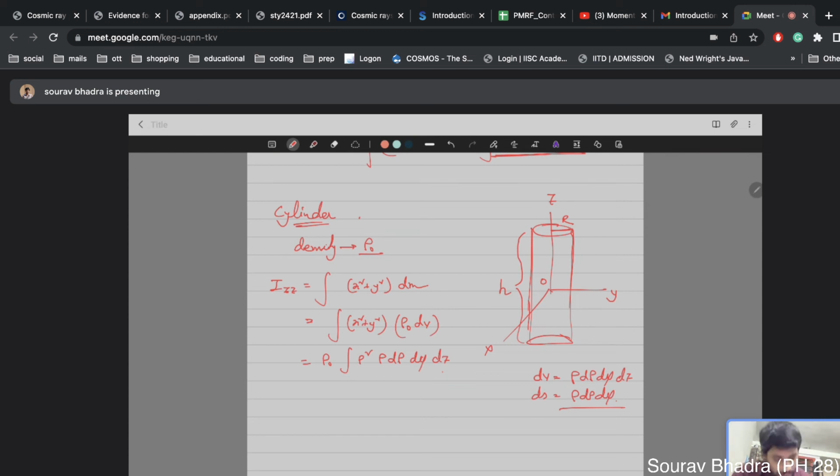You can take a different system also, where your O is, suppose, at the surface, and you can calculate that also. There is no problem, just the limits of the integration will change.